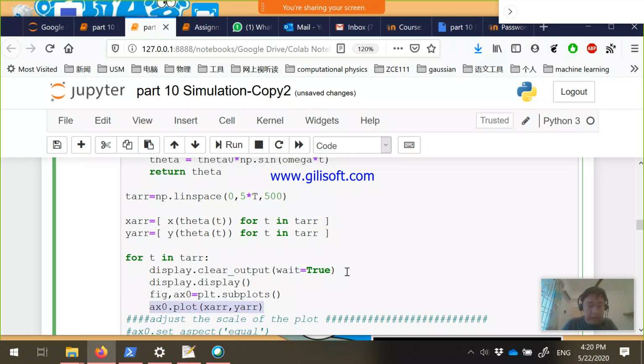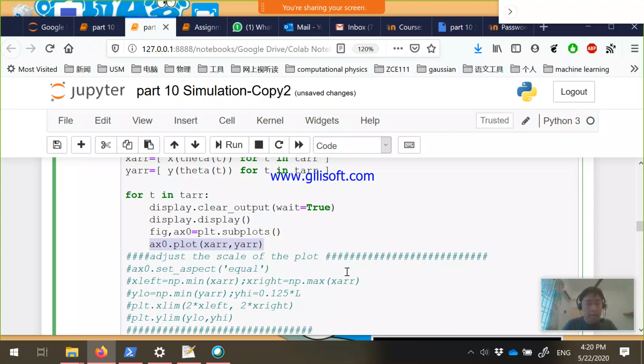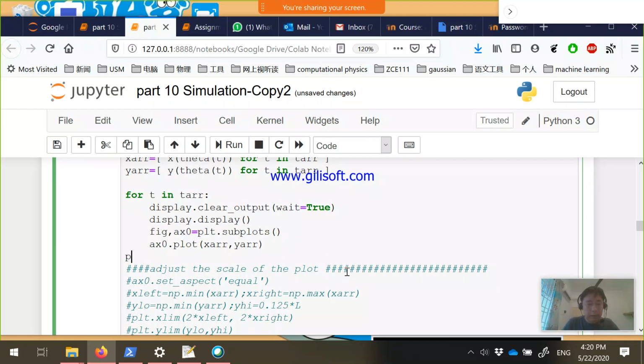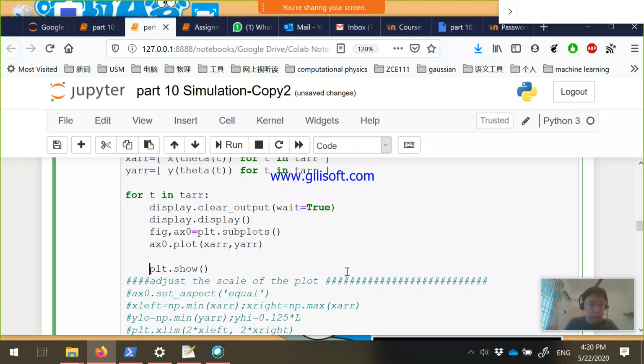This ax plot is going to be repeated again and again in the T loop. After that, I come out of the T loop and do plot show, which is to be shown after the plot has been done. So I press the button, and I expect the plot to be shown.